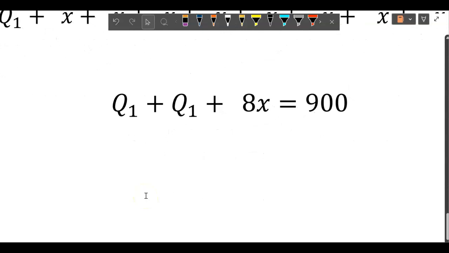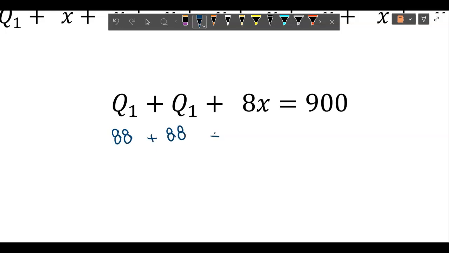So let me give you an example of what that would look like. Let's say that quarter one, maybe you finished with an 88. So if you put an 88 in for quarter one, we have this formula.